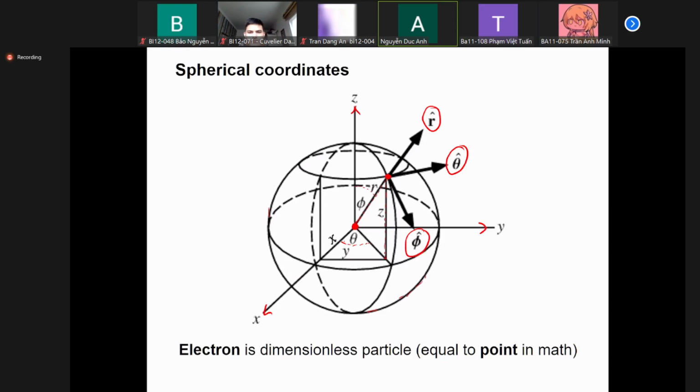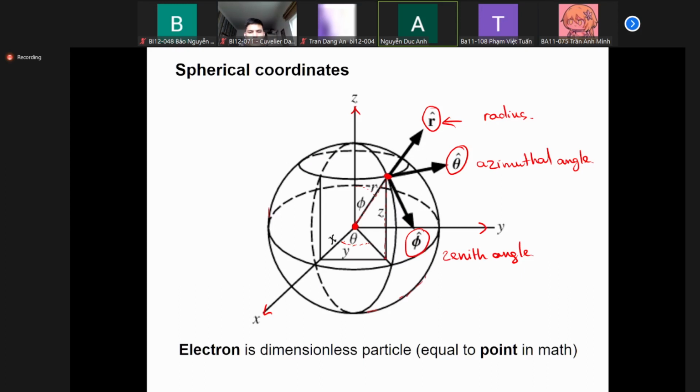So by 3 values, the radius, azimuthal angle, and the zenith angle, you can define the position. Actually, it's not really a position, it's a point on the sphere around the origin.